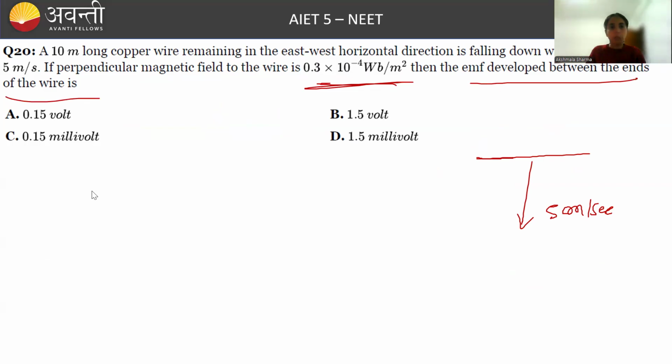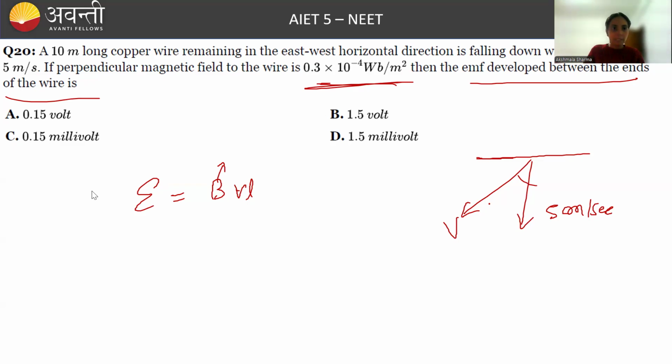I have taught you the EMF formula is BVL, and this formula is for when velocity is perpendicular to the length. When velocity is not perpendicular to the length, suppose here velocity is like this, then we will take the component of velocity which is perpendicular to the length. And the second check I told you to do is that the magnetic field and the plane of the rod in which it is moving should be perpendicular to each other.